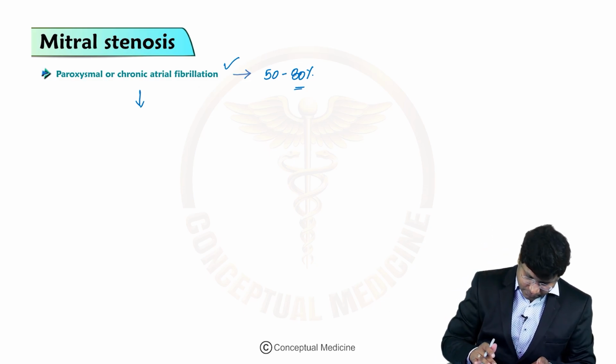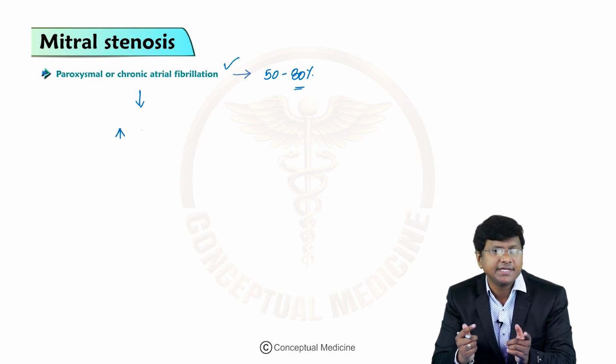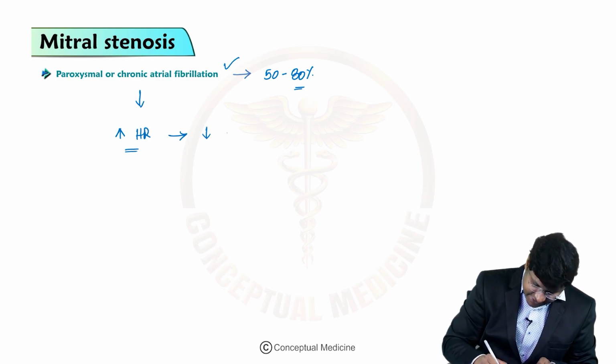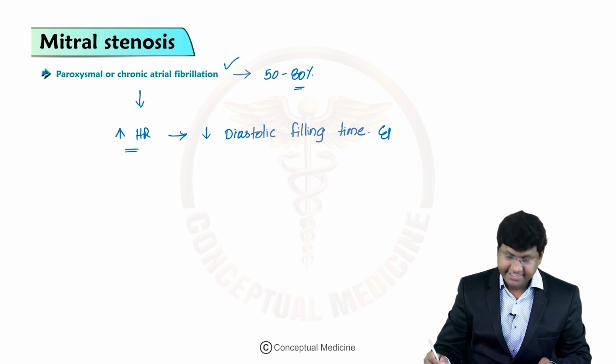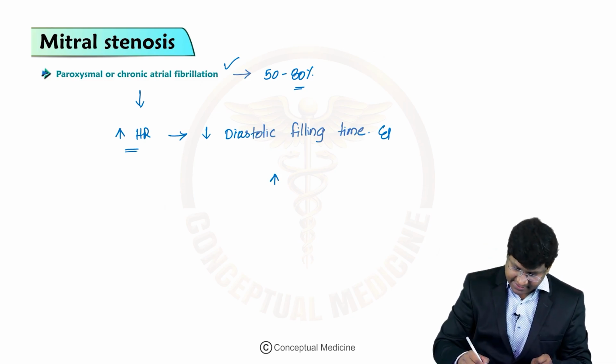So any increase in the heart rate reduces the diastolic filling time. See, actually what will happen in atrial fibrillation? In atrial fibrillation, the heart rate increases, and that will reduce the diastolic filling time and increase the mitral gradient.